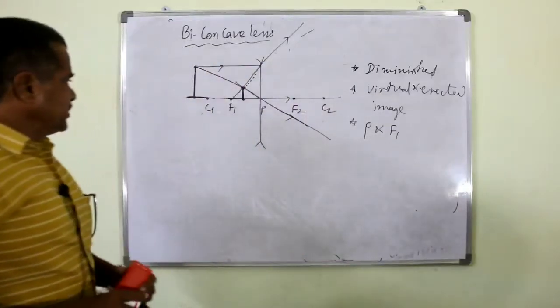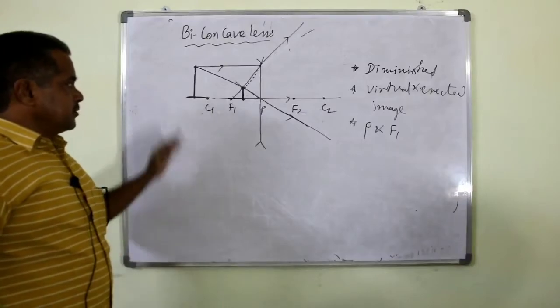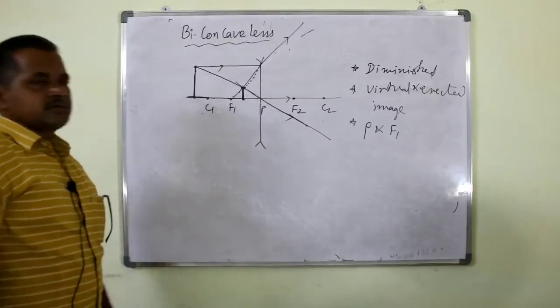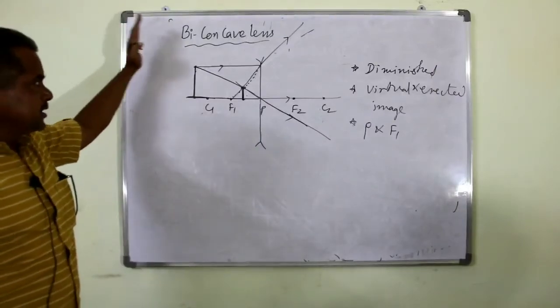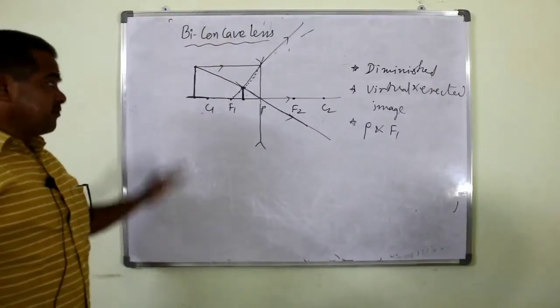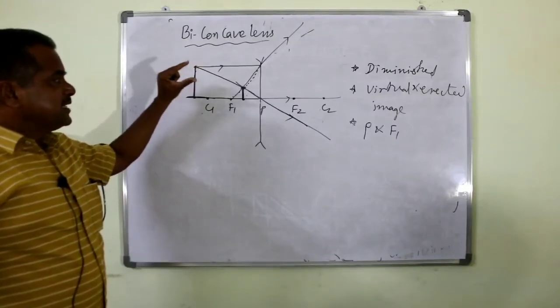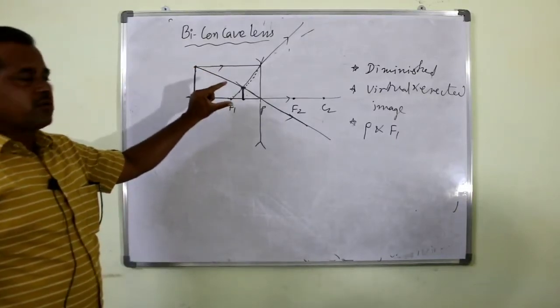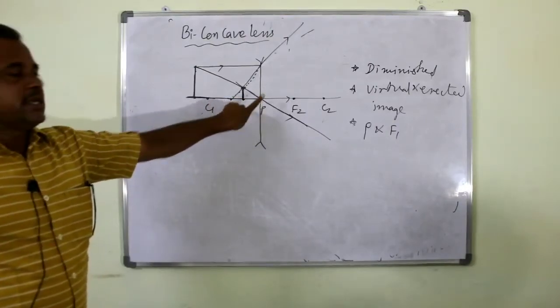If we change the place of the object for another case, what happens? For every case, in the case of biconcave lens, every time a diminished, erect, virtual image is formed between focus point and optic center.